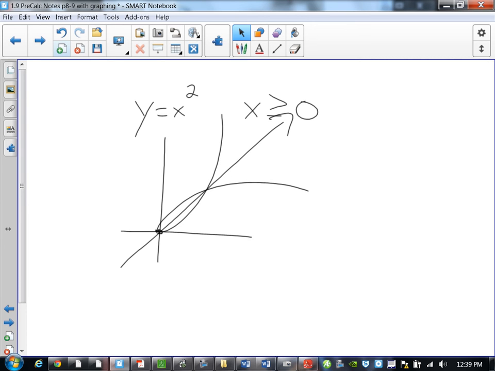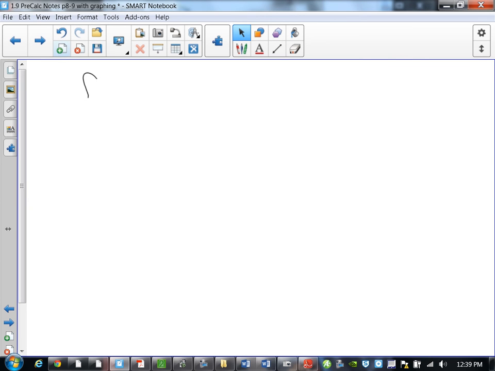The only other thing that I had you looking at for tonight is where you have f of x. See if you can figure this out.